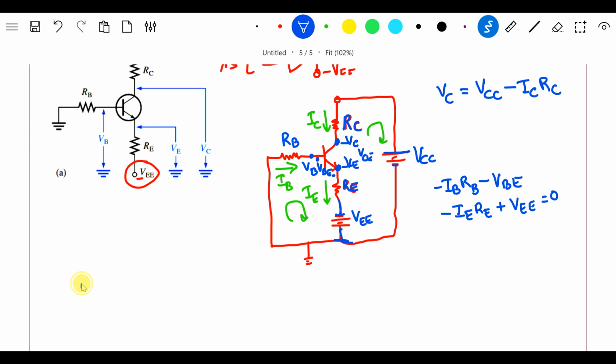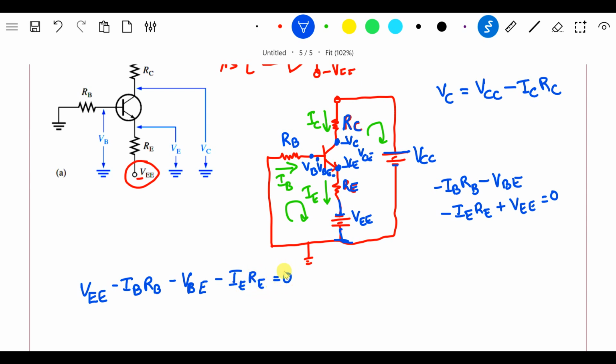We can rewrite it as VEE minus IBRB minus VBE minus IERE equals 0.